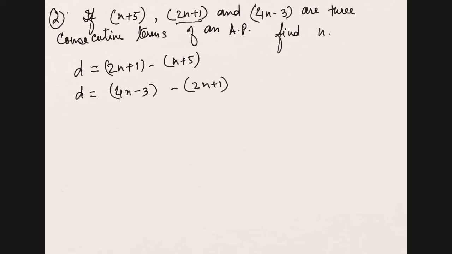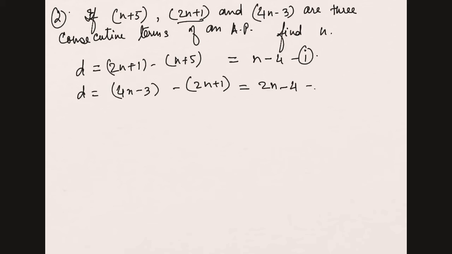From equation 1, we get n, plus 1 minus 5, which is minus 4. So this is my number 1 equation. And from the other, I get 2n minus 3 minus 1, so minus 4.